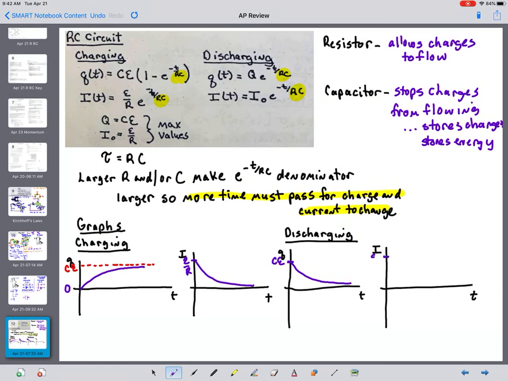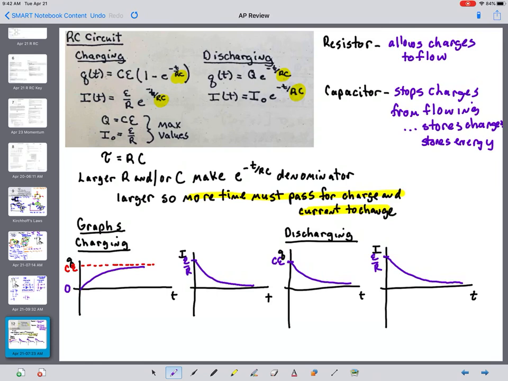So then your current is going to start off at that maximum value, and as you further and further discharge, there are less and less charges passing, and so your current approaches 0. So 3 of your 4 graphs are identical. It's only the initial charge graph that is different.